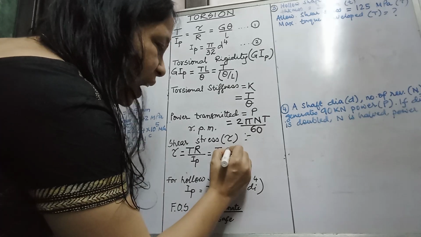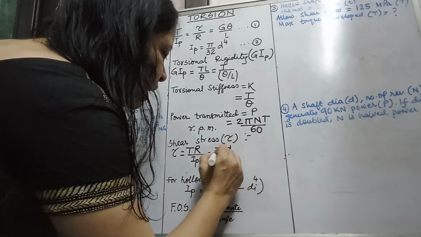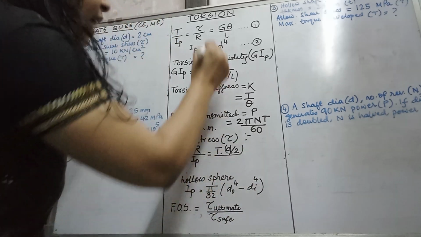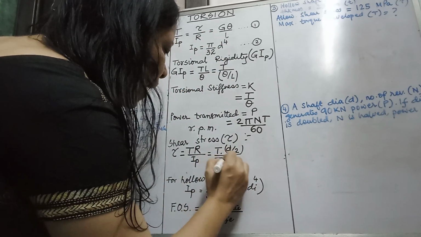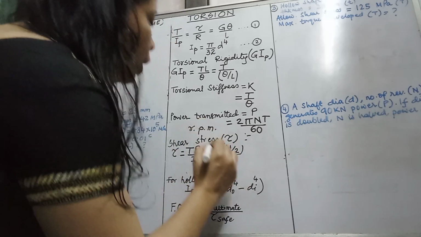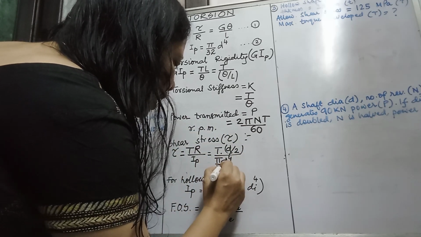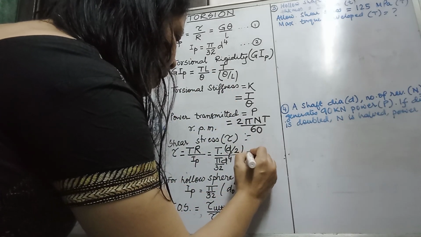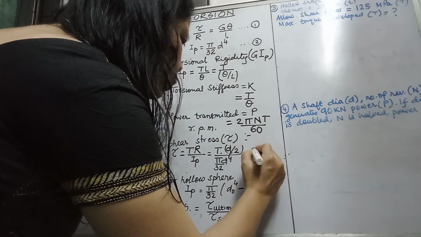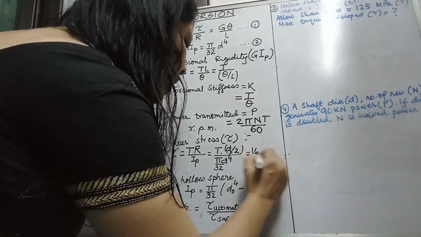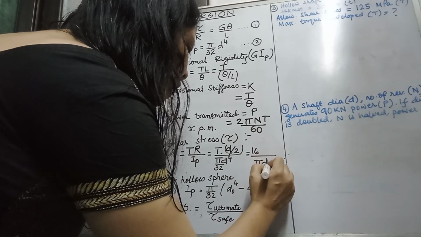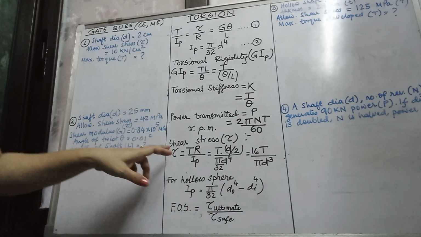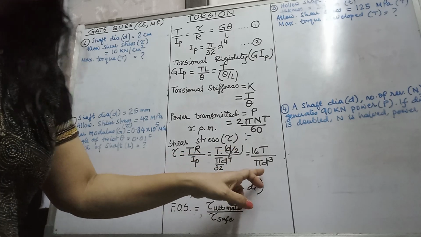R is the radius, so that is diameter by 2, D by 2. IP is pi D to the power 4 by 32. If you cancel it, you will see it comes to 16 T by pi D cube. So this is the expression for shear stress, 16 T by pi D cube.